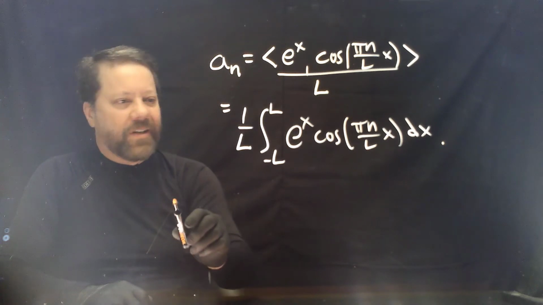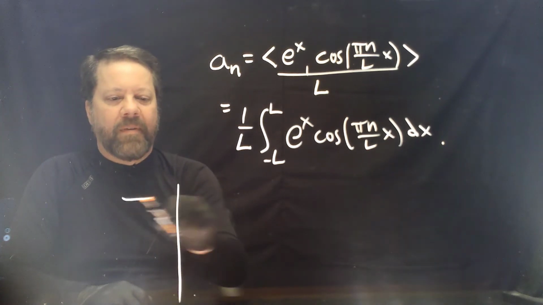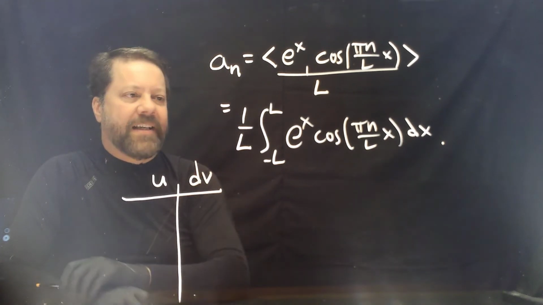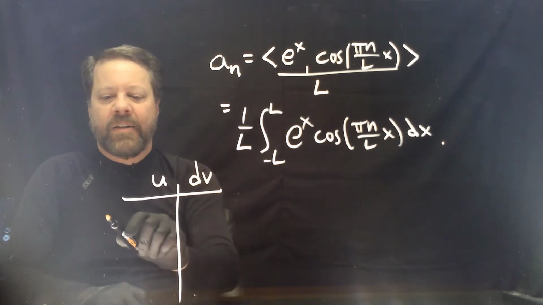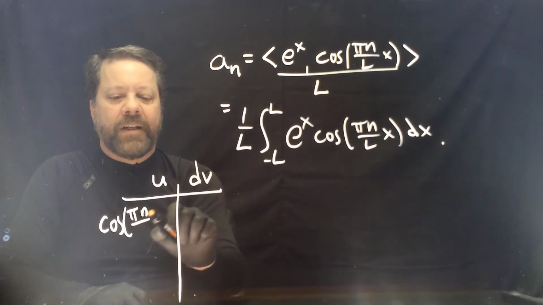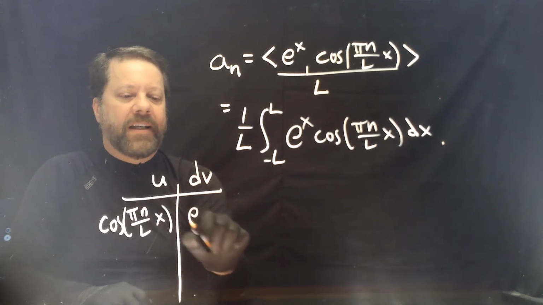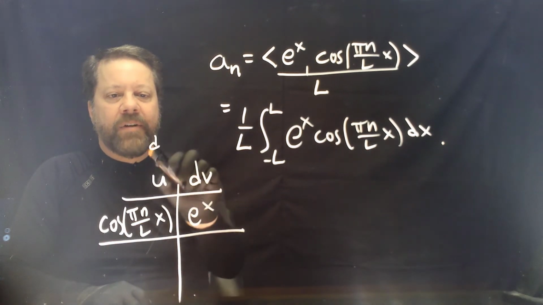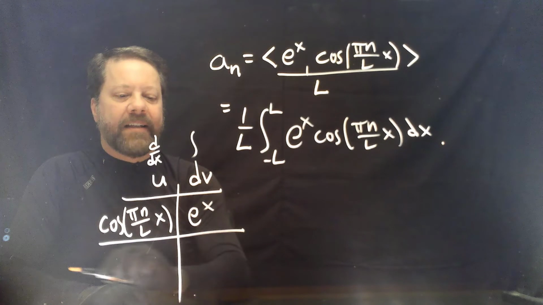The way this works, as with all integration by parts, you have a u and a dv that you identify. We're going to identify cosine of pi n over L x as the u and e to the x as the dv. You take a derivative down the first column and integrate down the second column.